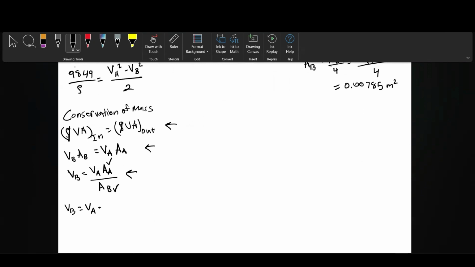So if we come back down and plug that into this equation, we're going to have VB equals VA times AA, which is 0.00126, divided by 0.00785. So let me just plug that into my calculator real quick.